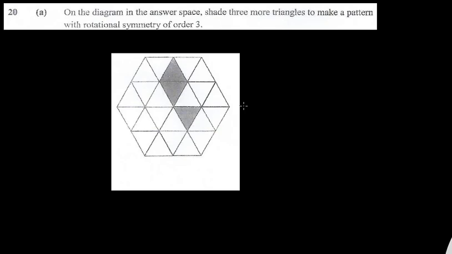I hope we understand what they mean by rotational symmetry of order 3. To those of us that might still be behind, when we say rotational symmetry of order 3, it's when you rotate it. For example, here's the center point here.